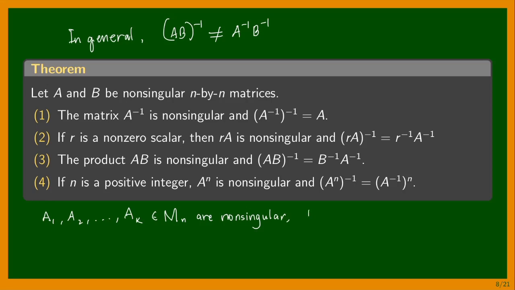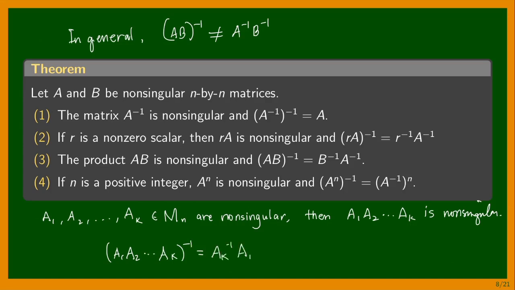Then the product A1, A2, up to AK is also non-singular. This is done by induction. In fact, in this case, the inverse of the product A1 up to AK is going to be in the reverse order: the inverse of AK times the inverse of AK minus 1 and so on, times the inverse of A1.